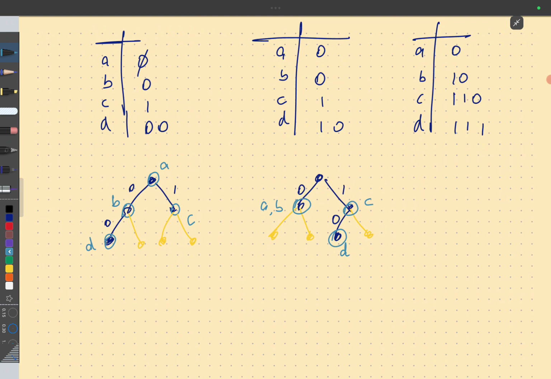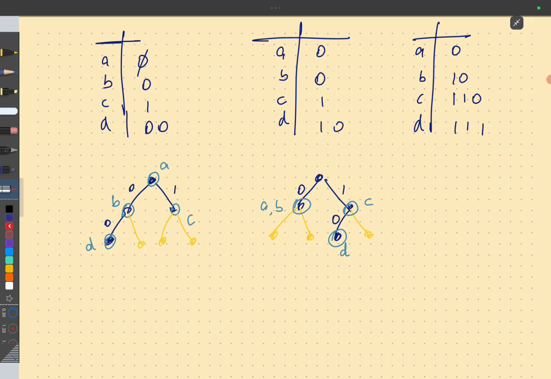Completely filled? Not necessarily, right? In this case, it's not completely filled, right? So I'm just labeling the nodes with source symbols, right? So what is the definition? Well, that's okay, right?